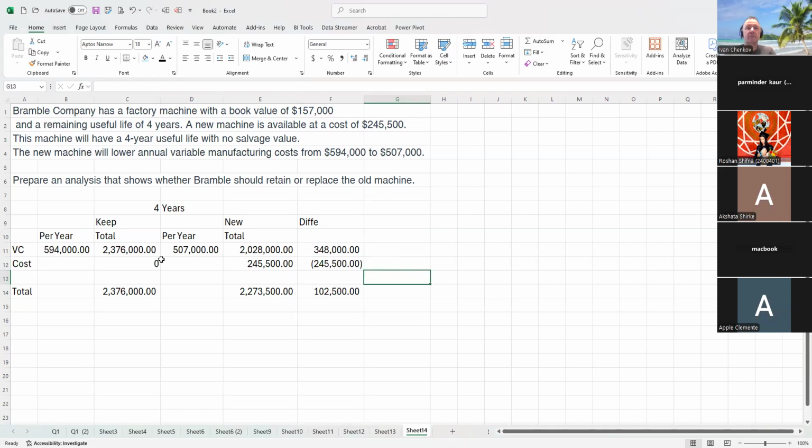Go or no go? Go with the new machine. Make sense? Yes, sir. Okay, that's number 6, and I believe those were the difficult ones. The other one is just multiple choice questions. Multiple choice questions, you should be okay with us.